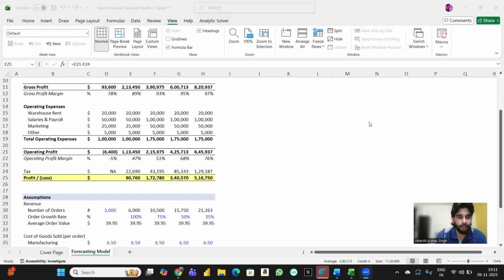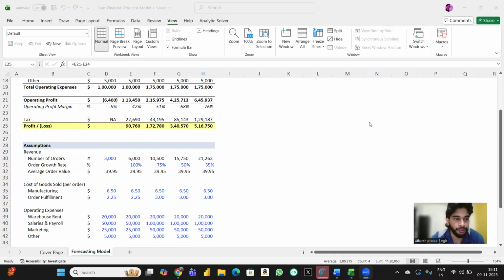Now, the last part of the assumption is the scenario analysis of that particular table. For this, we are going to do one thing.